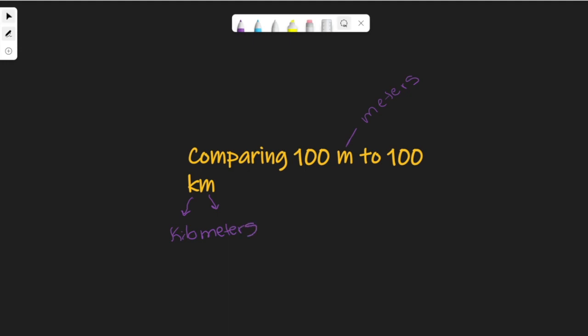If we think about these two units, I know that a kilometer is larger, and it is 1,000 times larger than a meter. So when we're comparing these two units, I know that 100 kilometers is 1,000 times longer or 1,000 times further than 100 meters. And again, just noting that prefix in front.